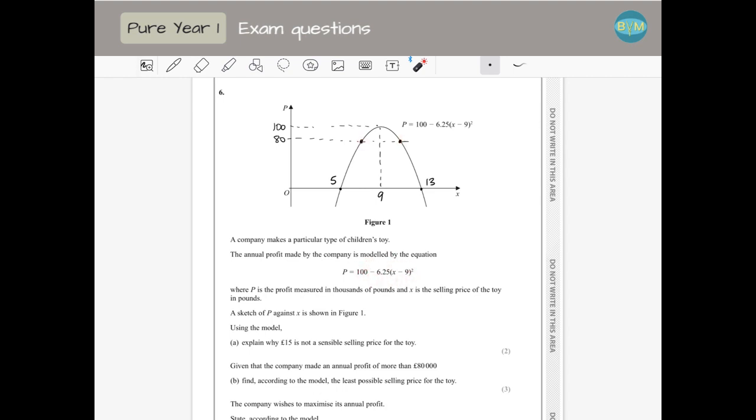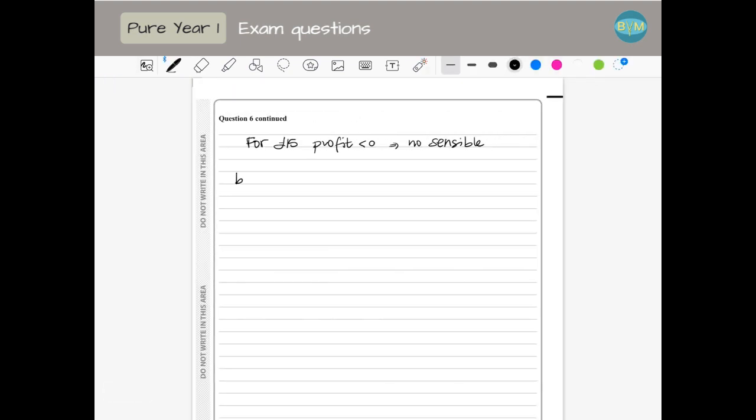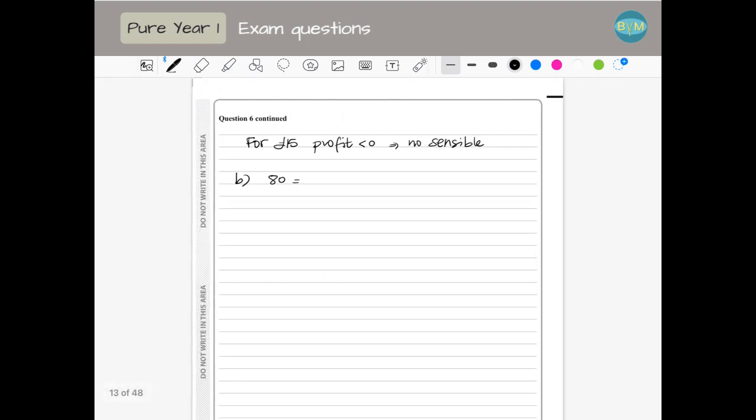Remember that P is in thousands of pounds. So instead of writing 80,000 here, I'm going to write 80. So for part B, I'm going to write the profit as 80, and I have 100 minus 6.25 times x minus 9 squared equals 80. I'm just going to solve this for x.